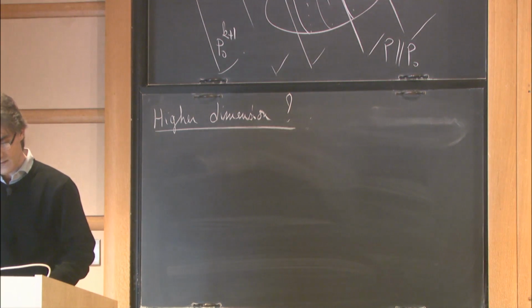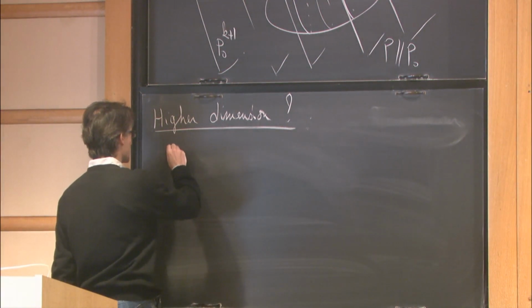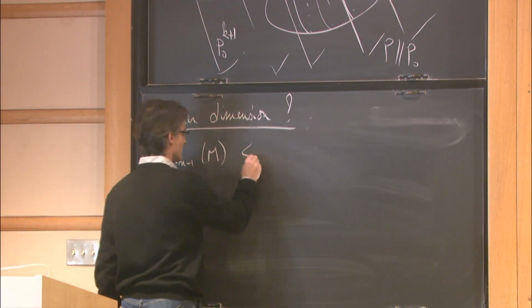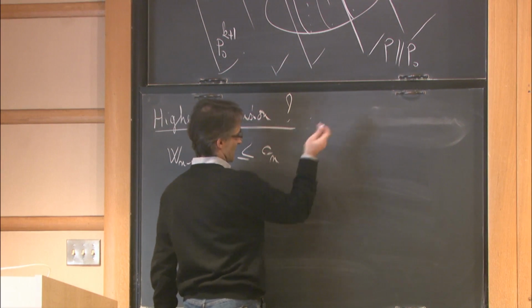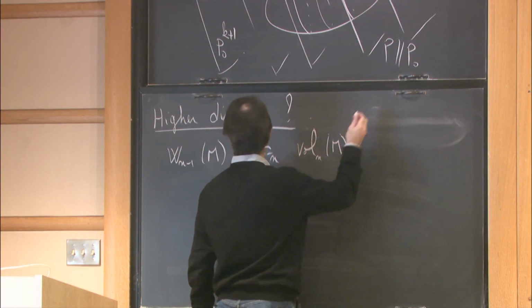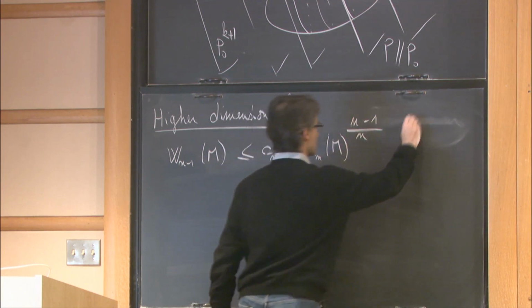So here, of course, what we want to do is get something like, the question is, do we have this inequality there? So the volume, and here the right power should be n minus 1 over n. Okay, so that's the question.